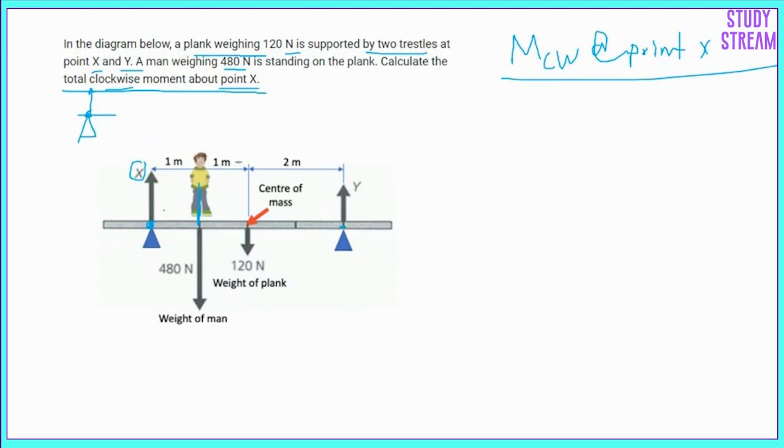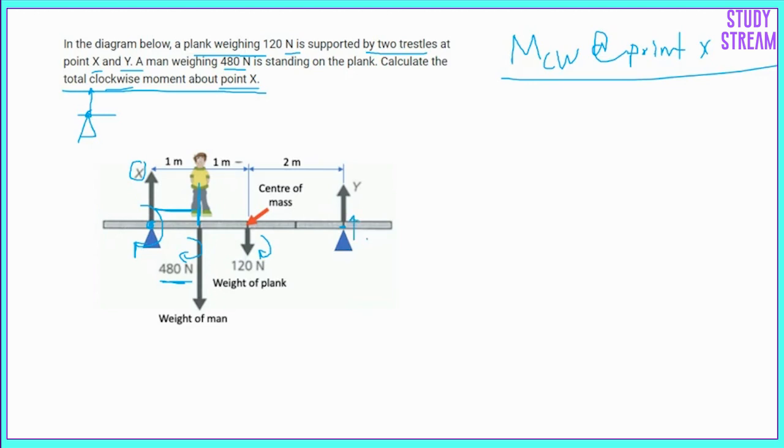Okay, so now what is the moment that will be caused by other forces? This definitely will cause a moment because it has some perpendicular distance here. And the rotation is going to be clockwise because it's going to rotate around the pivot in a clockwise direction. And then the 120 as well will cause clockwise rotation. Now the Y is pushing up.